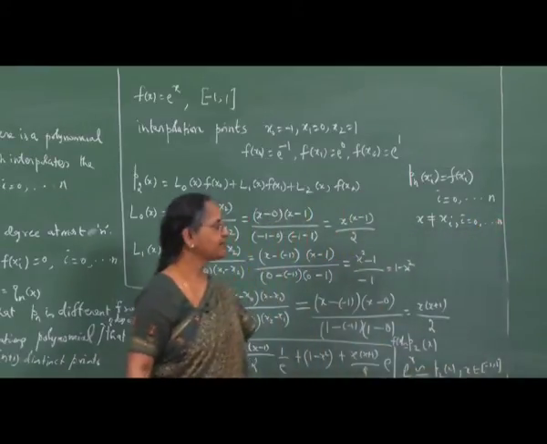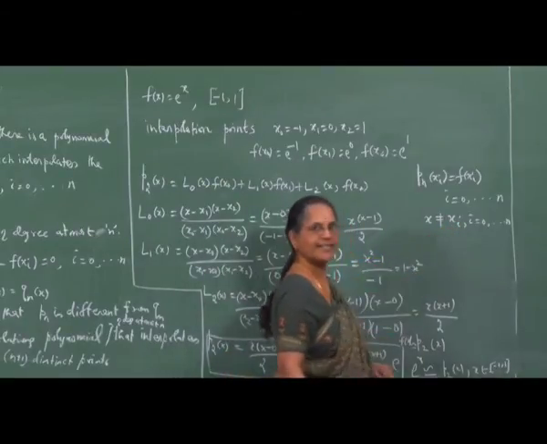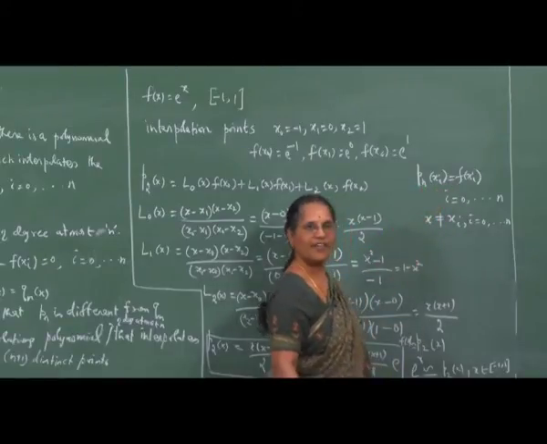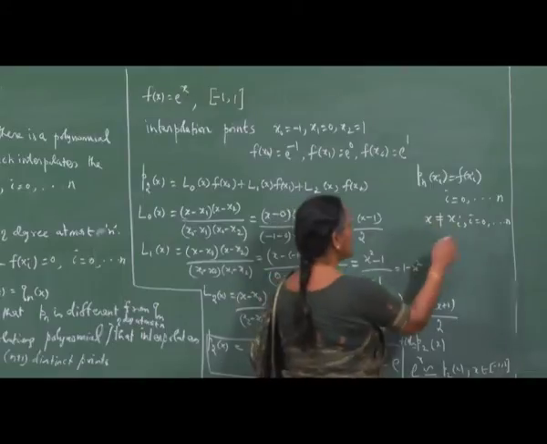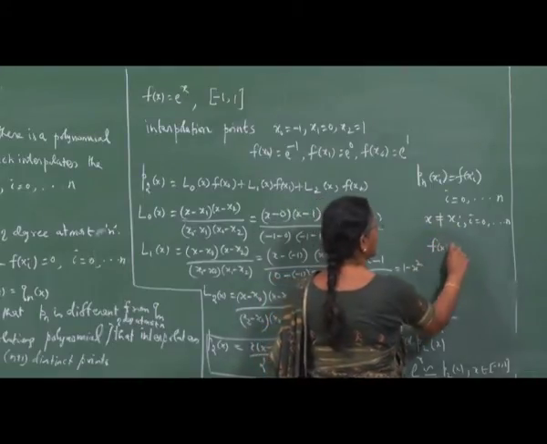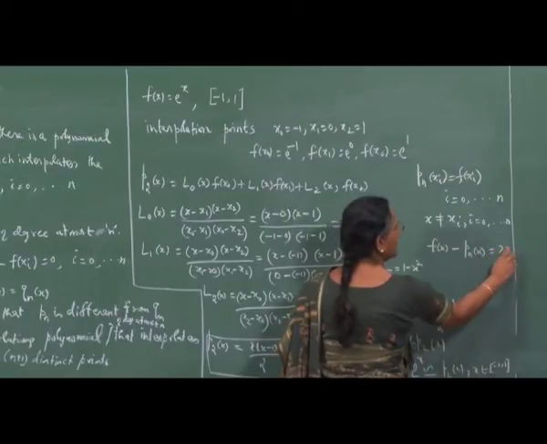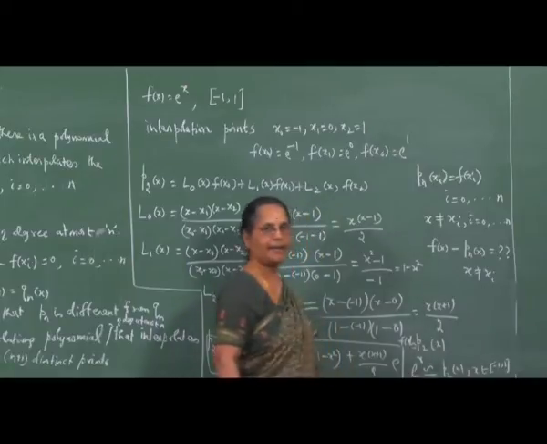up to n. At these points x which are different from xi, Pn of x will be different from f of x. So, the question is, how large is this difference f of x minus Pn of x at any x which is different from xi?